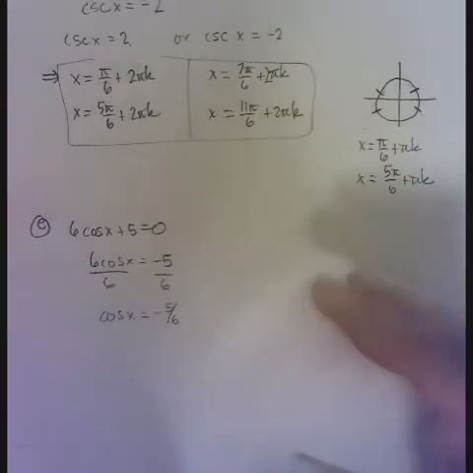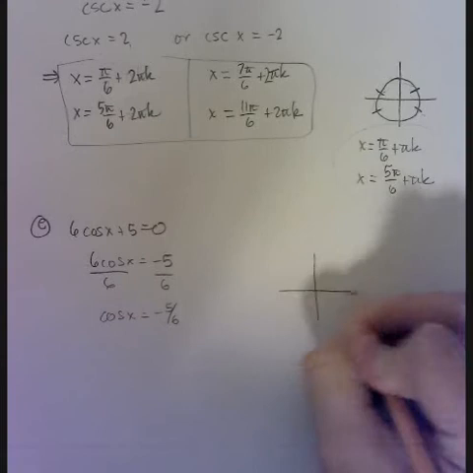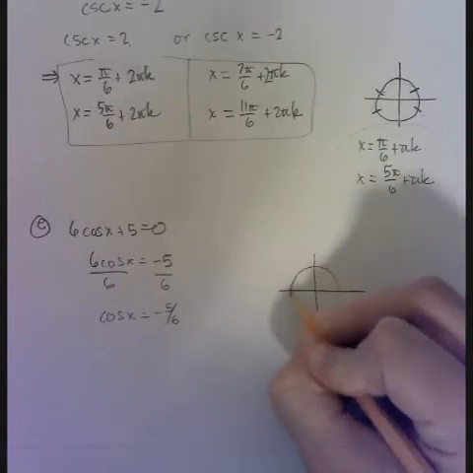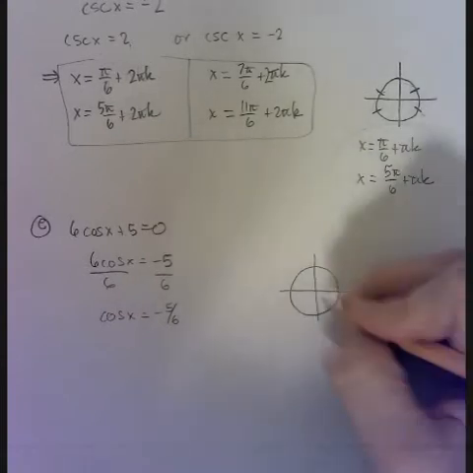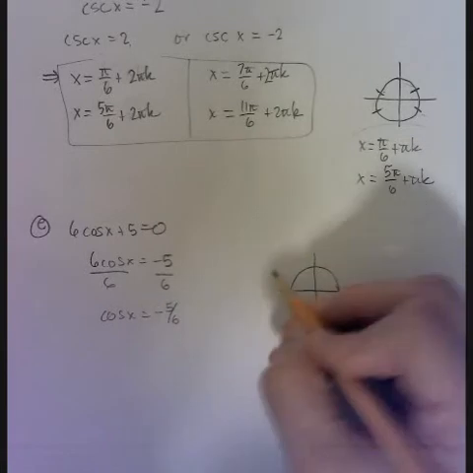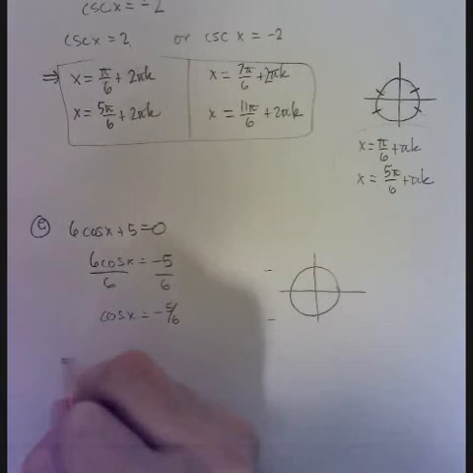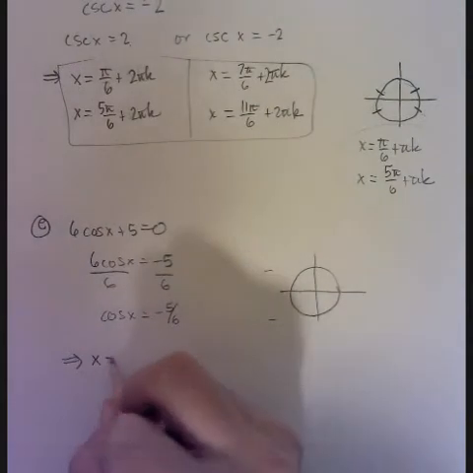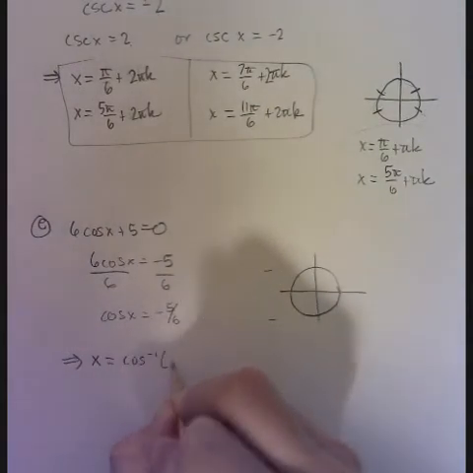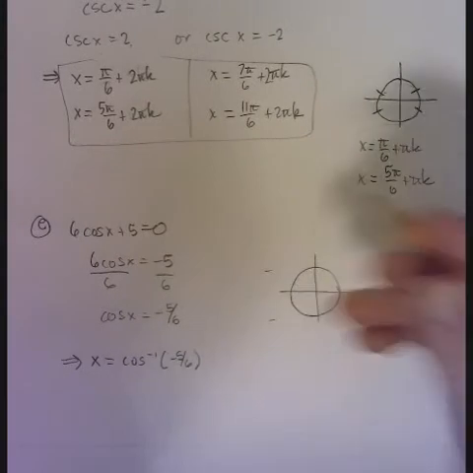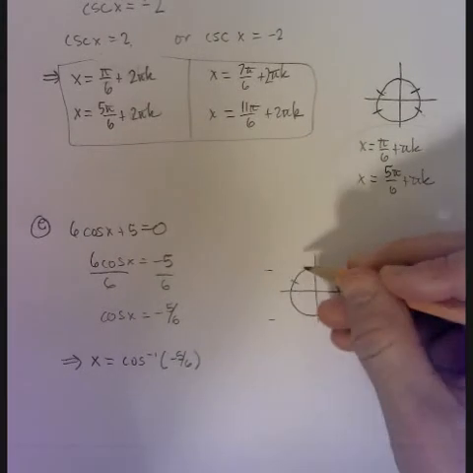So if you think about the unit circle, cosine is negative in quadrants 2 and 3. So when you use cosine inverse, that is representing the solution in quadrant 2.